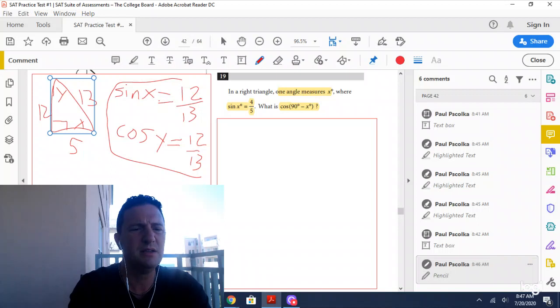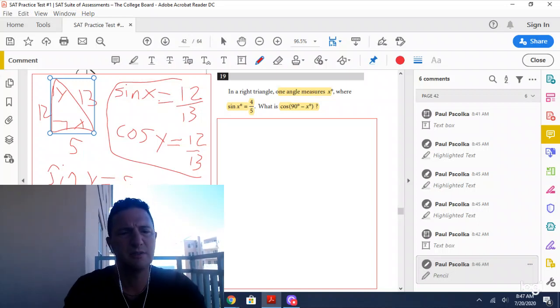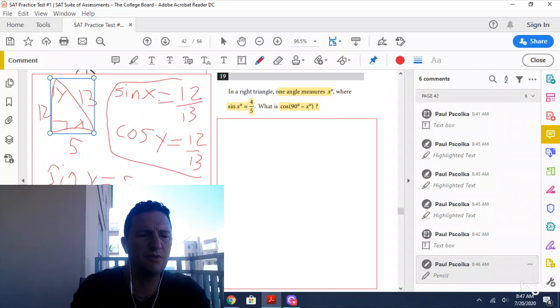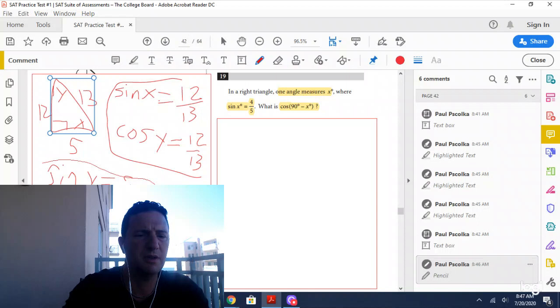And now the sine of y is 5/13. And now I'm going to do the cosine of x, and the cosine of x is also 5/13. Okay, see the relationship there.